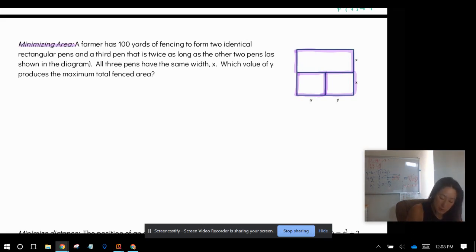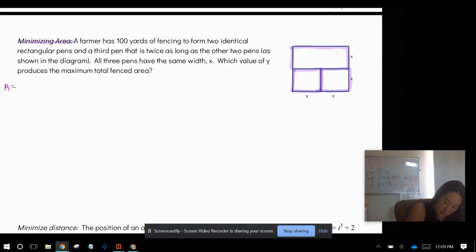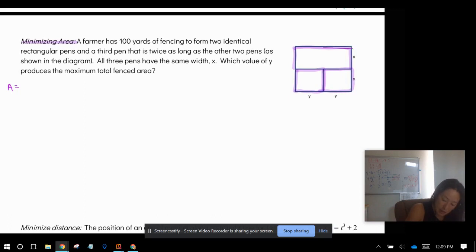Okay, so what we want to do is maximize area. So our primary equation needs to be about area. So the area of the pens is basically the outsides. So this outside piece would be, if I cut it right here, y, y, x, x.